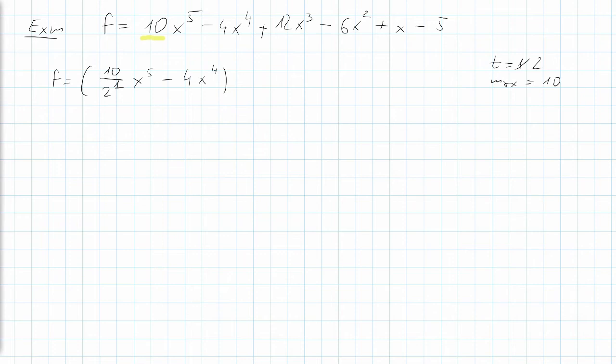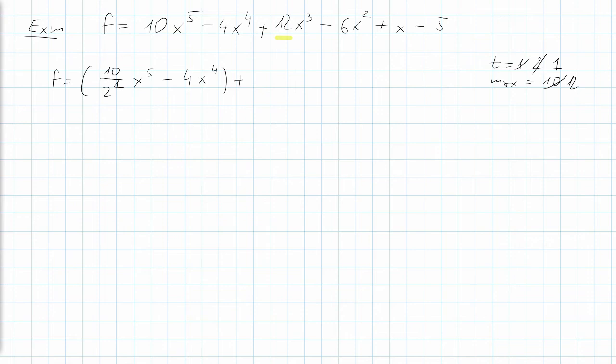Now we take another term. Another term is 12. It's positive, so we compare this guy with this guy. Of course, 12 is greater than 10. So our new local maximum is no longer 10, but it's 12, and we reset t to be again 1. So our local maximum moved from here to here.